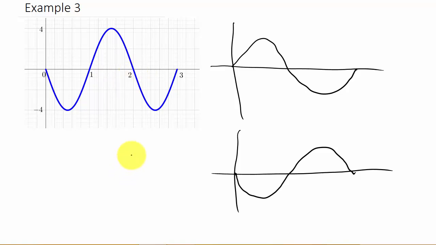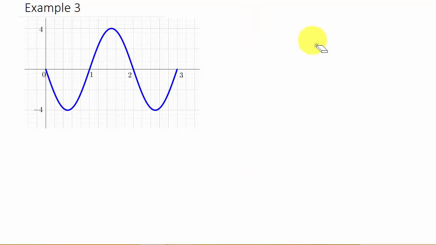So this would be the graph of a sine function, but what makes it reflect about the x-axis? A negative in front of the sine function. There's no horizontal shift, there's no vertical shift.